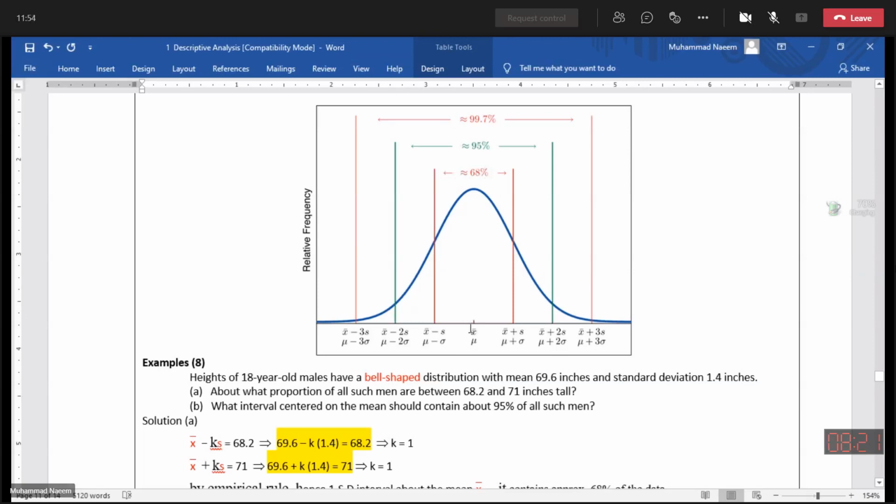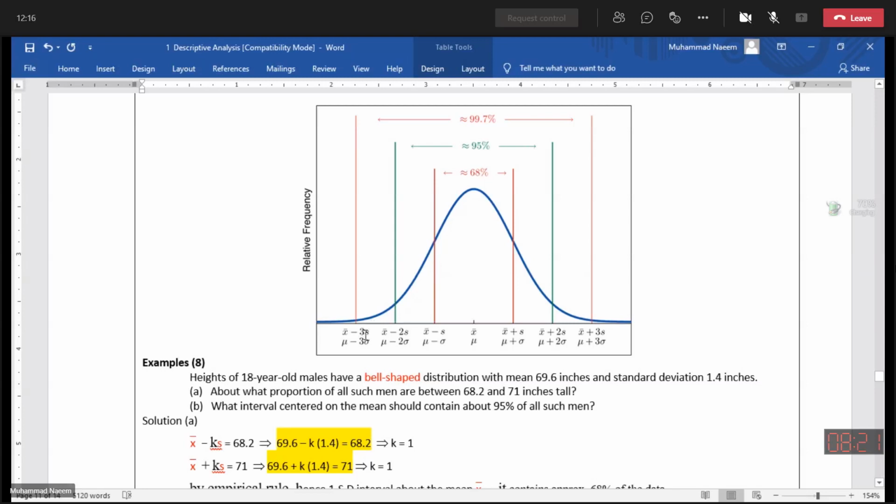Now if we subtract 2s from the mean value, we are here, and by adding 2s to the mean value, we are here. In this way, we have this interval, and it contains approximately 95% of the data.